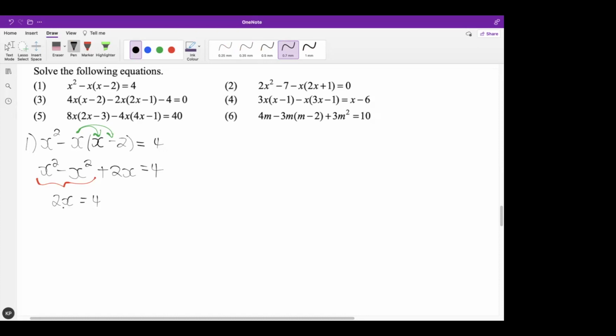Then how do we get rid of this 2x? Divide by 2. Okay, because these will divide into one another, and therefore my x is equal to what? 2. Nice.